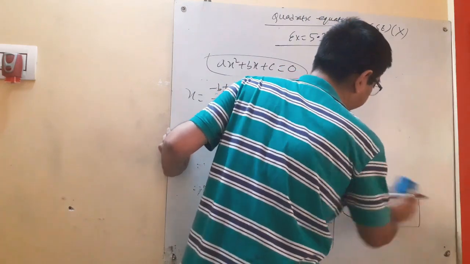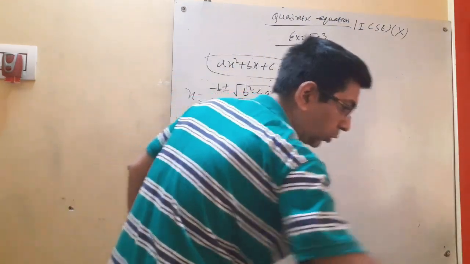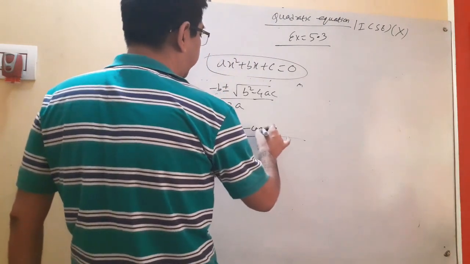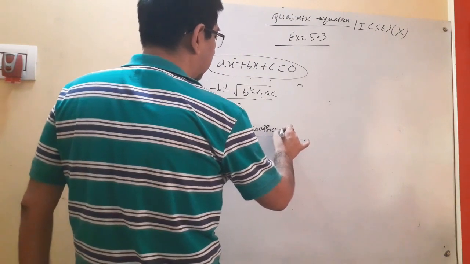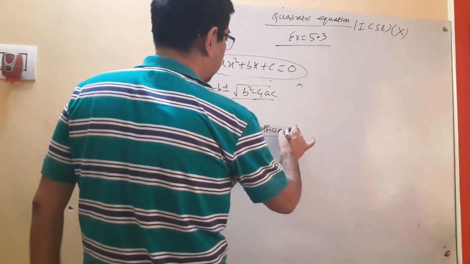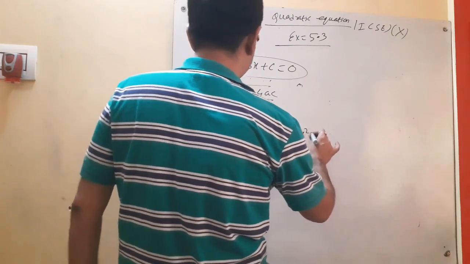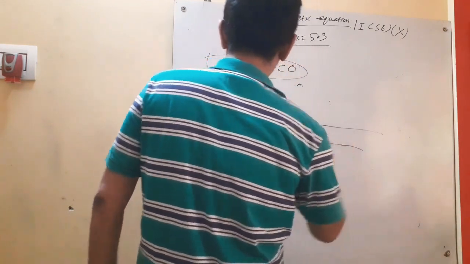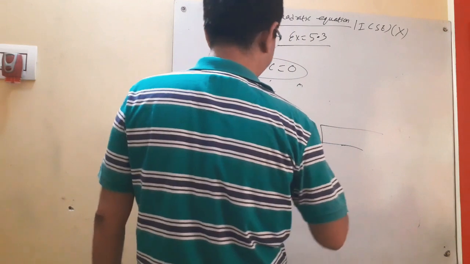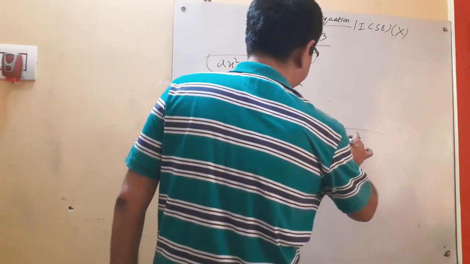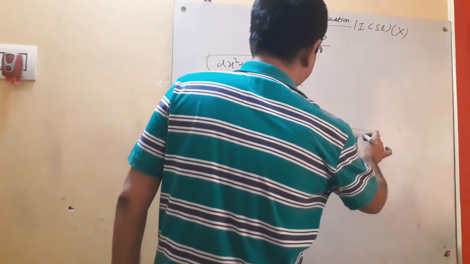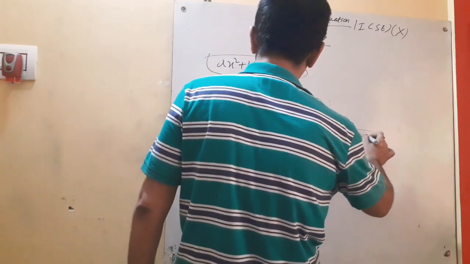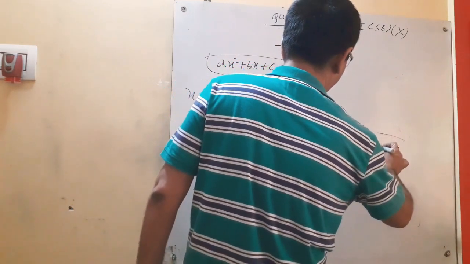In other form, we can write that by applying the formula, x equal to minus coefficient of x plus minus root over coefficient of x whole square, minus 4 into a into c.